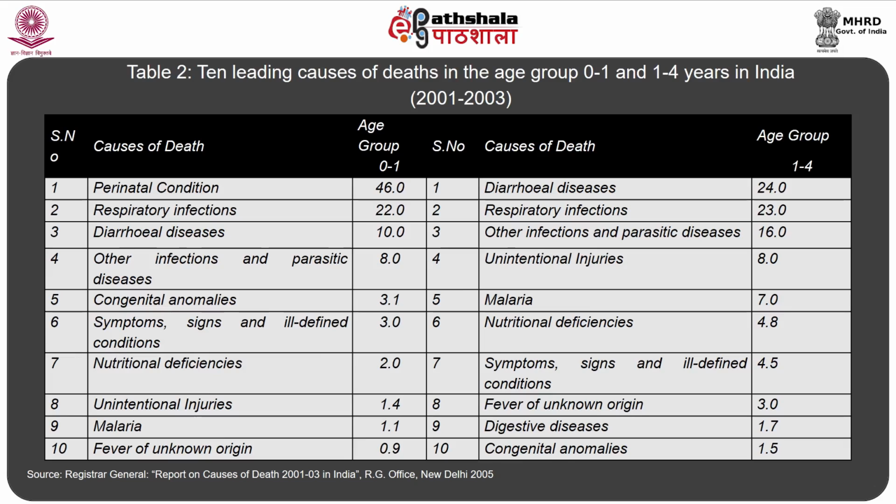The third leading cause is diarrheal disease. In children 1 to 4, around 24% of deaths are due to diarrheal diseases, followed by 23% respiratory infection. Deaths due to malaria occupy the 9th leading cause among infants 0 to 1 years, whereas it occupies the 5th position for 1 to 4 years children.